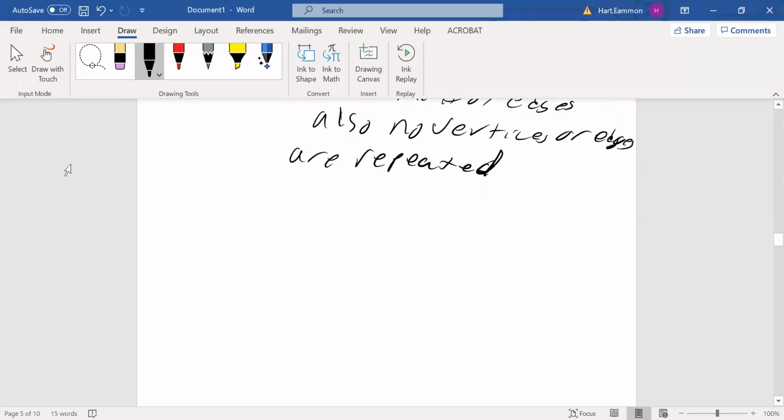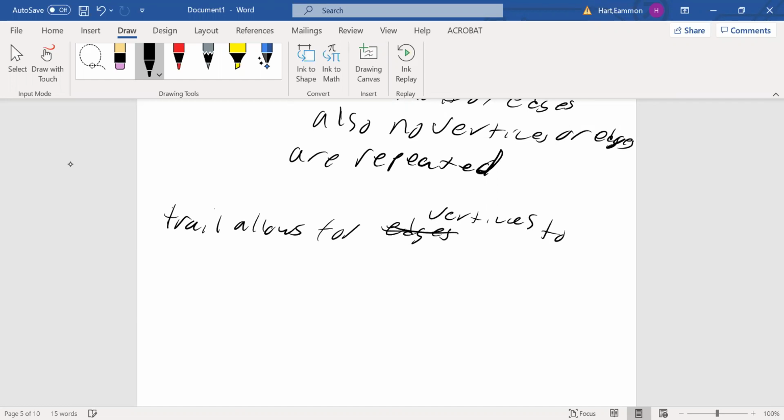There are two related concepts. A trail allows for vertices to be repeated, but not edges.